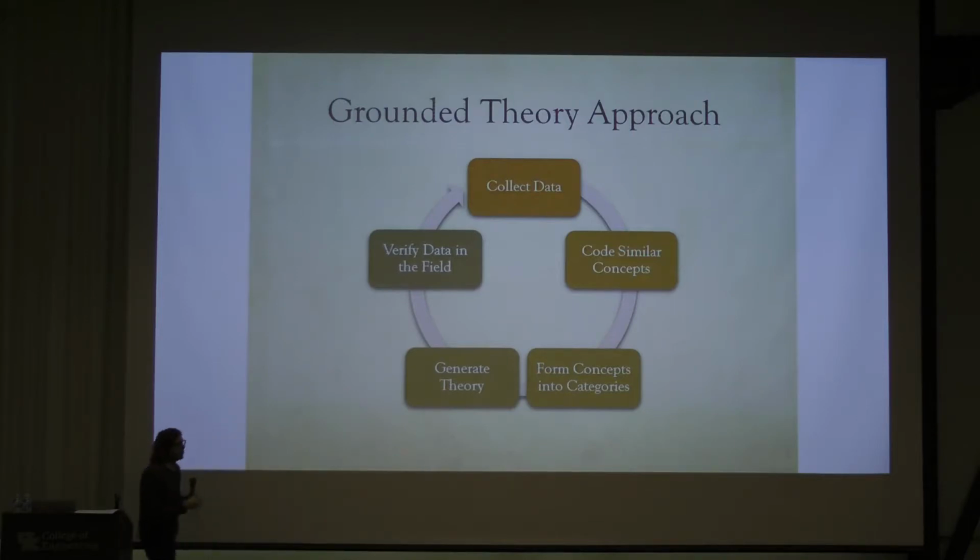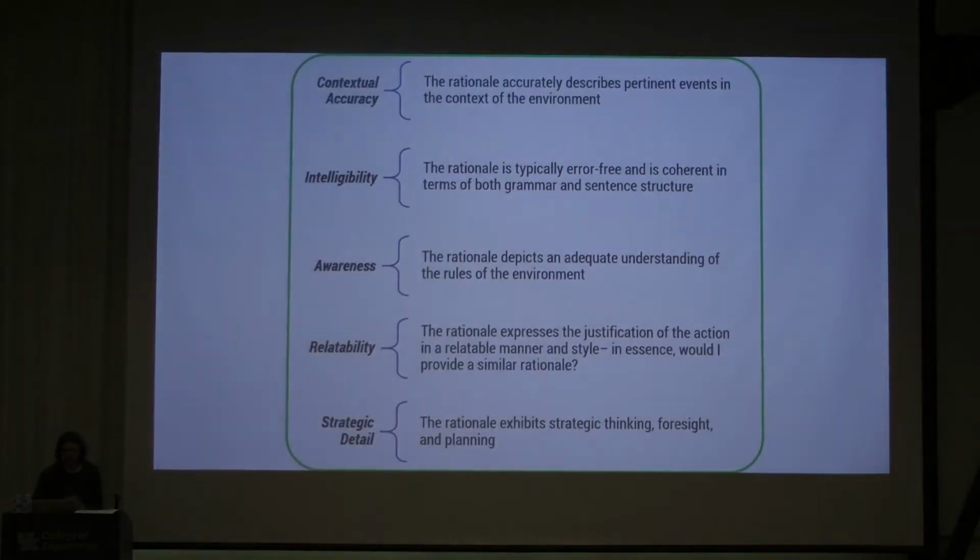So what affects people's confidence in the system? What affects how people feel they understand a robot's decision-making process? And we came up with the following codes. These are the factors that we say most influence how people perceive an explanation: contextual accuracy, intelligibility, awareness, relatability, and strategic detail.